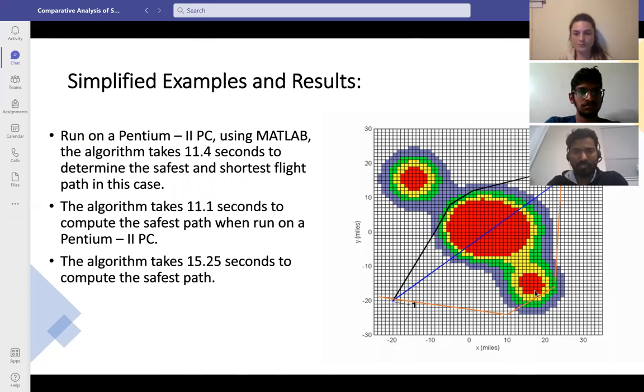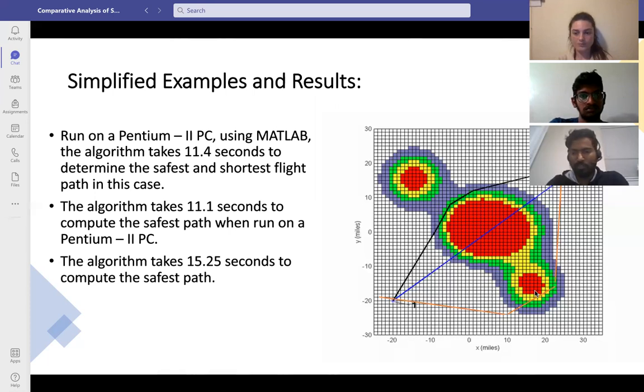They use this specific PC to calculate the path. And the blue line is the actual path, given when the flight started reaching the endpoint. But because of the thunderstorm in between, they had to calculate another shortest and safest path to reach the destination.